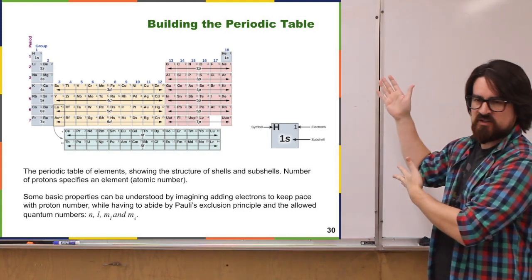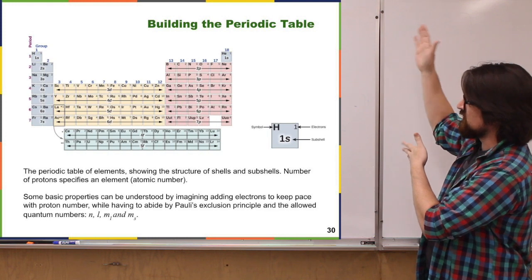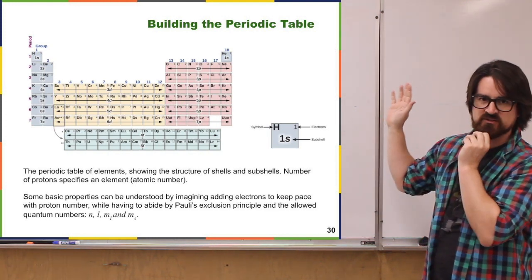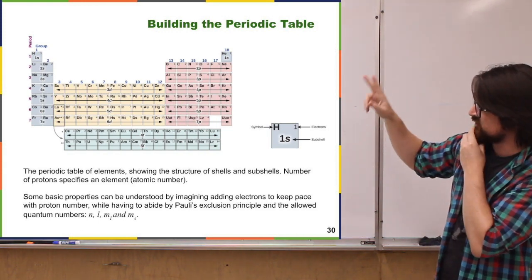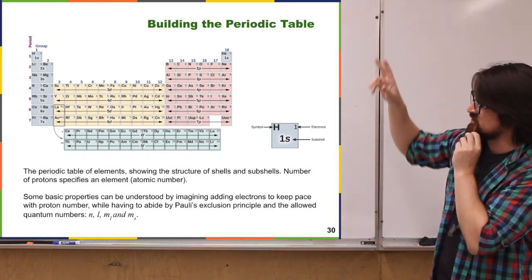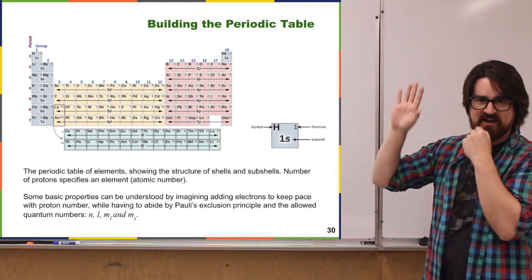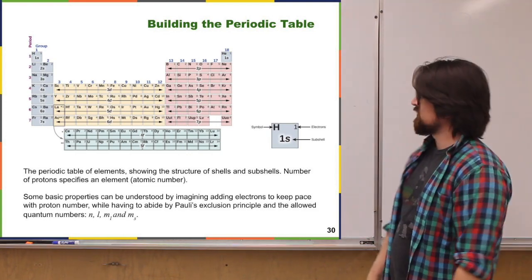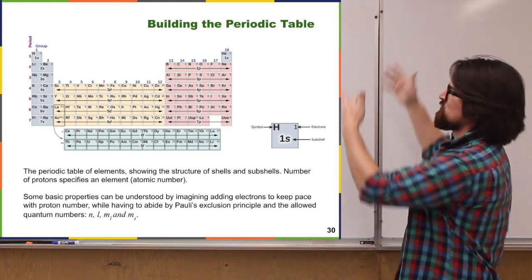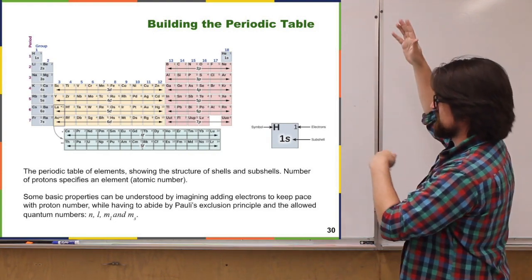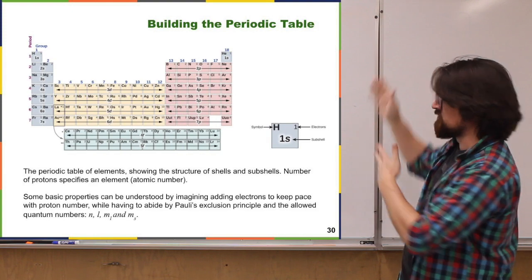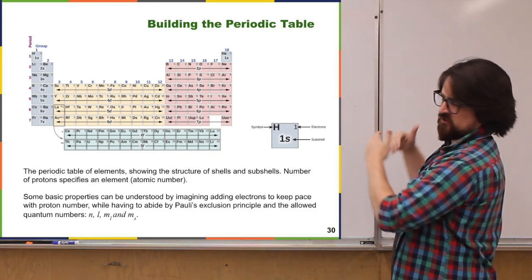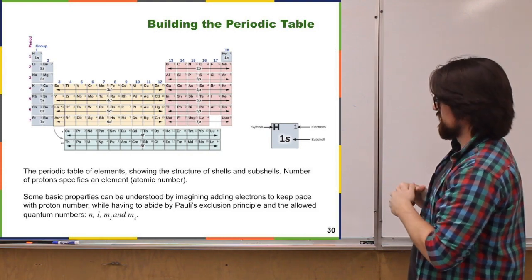This is why the periodic table is laid out the way it is. Helium and neon are similar because they both have fully filled outer shells. Hydrogen, lithium, sodium, potassium, that whole first column act similar because they only have 1 electron in their outermost shell. So this is why the periodic table is laid out in these columns, and the elements in the same column have similar chemical properties, and then the rows are just our increasing principal quantum number, increasing n.